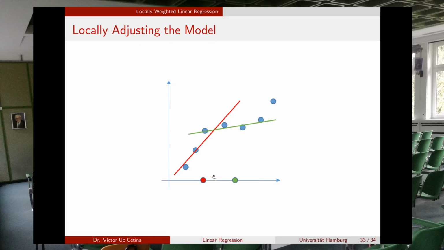So this locally weighted linear regression will get more precise considering the points that are in the closer neighborhood of the point that we want to evaluate, whether it is this neighborhood, this neighborhood, or another neighborhood.